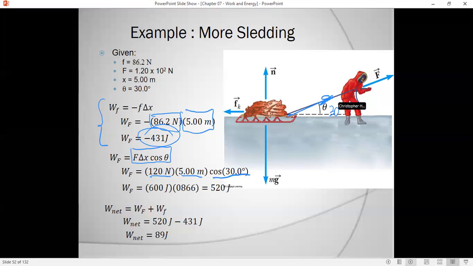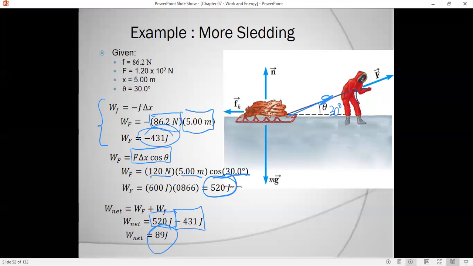And now I see, once again, that the work that I put in is now down to 520 joules. Now, what is net work? I put in 520. The friction takes out 431. I'm left with 89 joules of work being done on the sled.